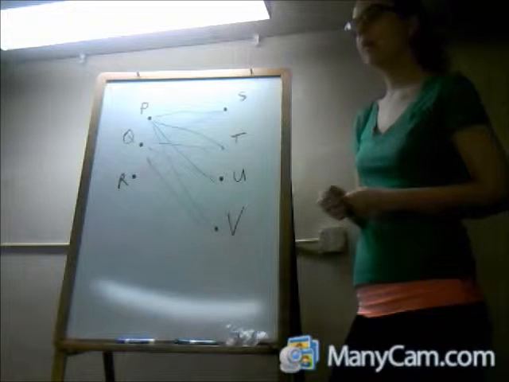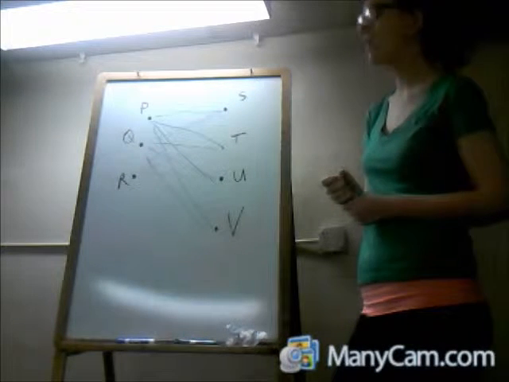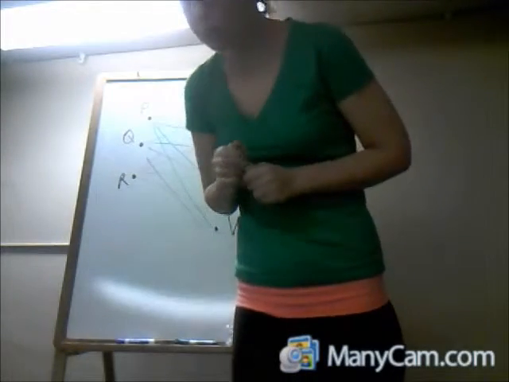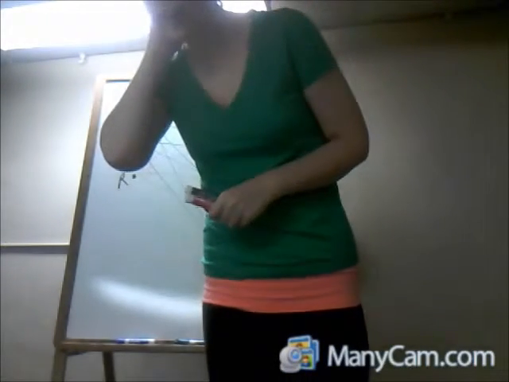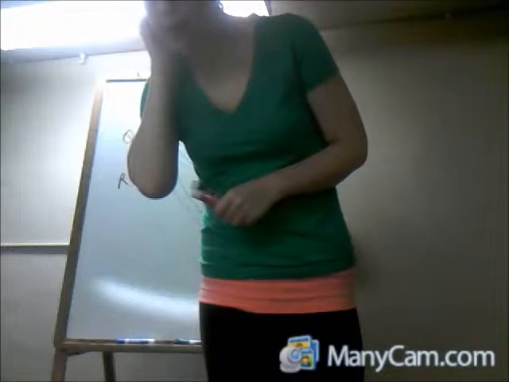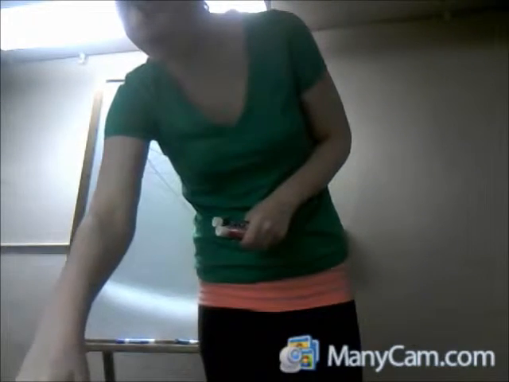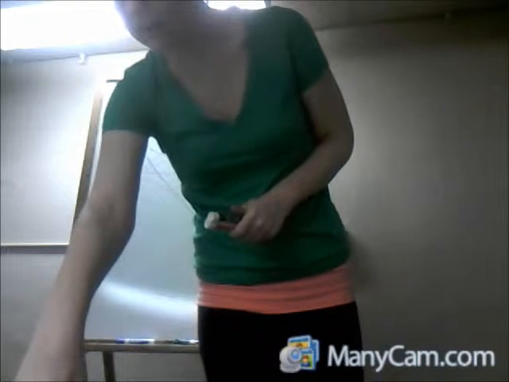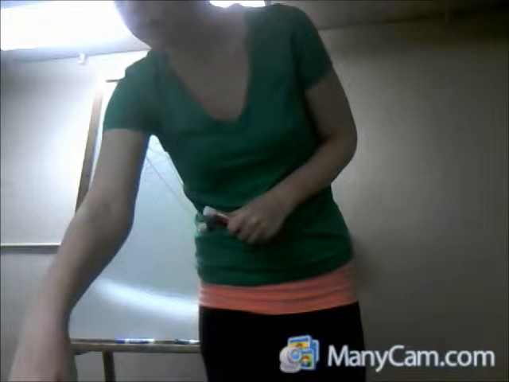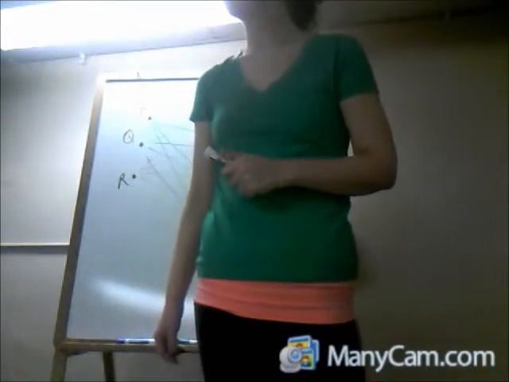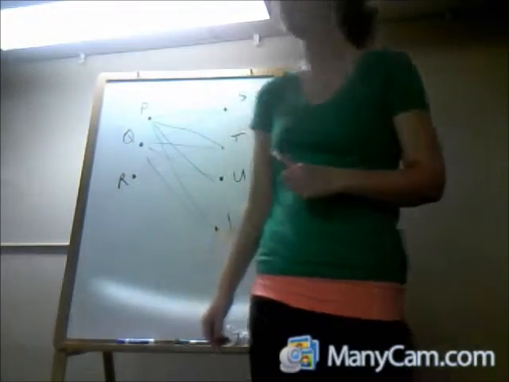What about the PQ? You don't make those because they're already connected, right? How many times in any of these problems in the book do they connect them in the same way, like QS and PQ?